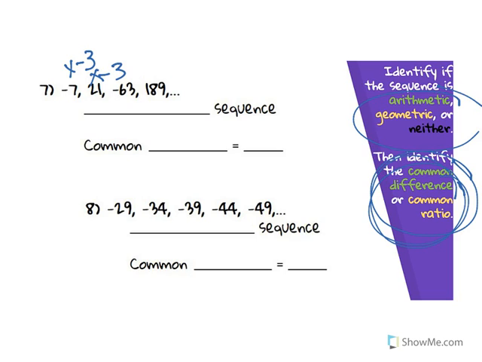And if you get out your calculator, -63 times -3 is 189. Okay, so let's answer our questions now. If we're multiplying, that's a geometric sequence, which automatically means we have a common ratio. So if you say it's geometric, then it's a common ratio. If you say it's arithmetic, then it's a common difference.